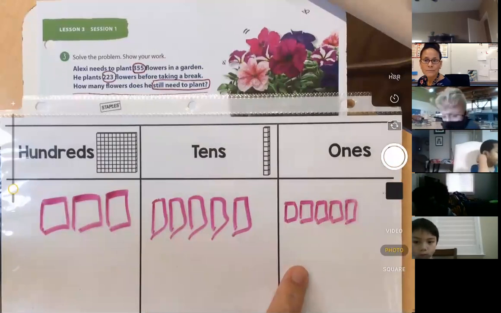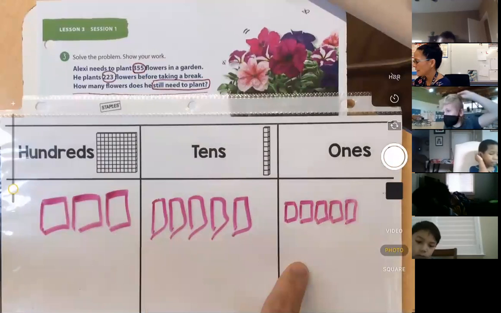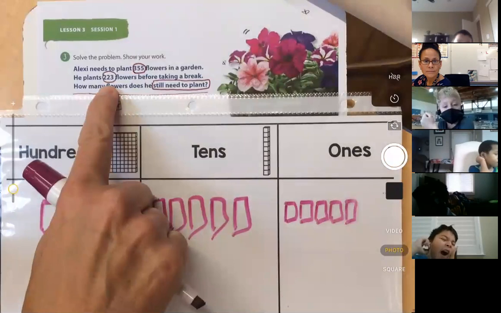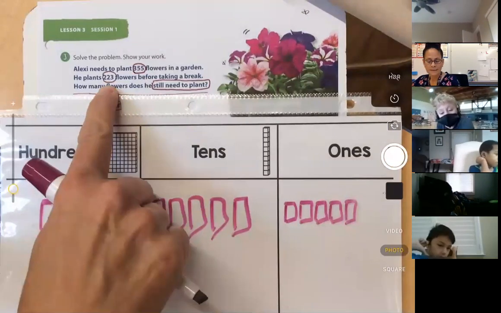Now, I am subtracting 223 from that number. Is there a way to do that with my base 10 model? Absolutely.